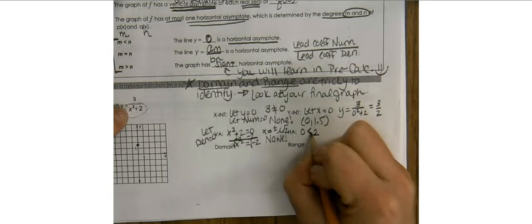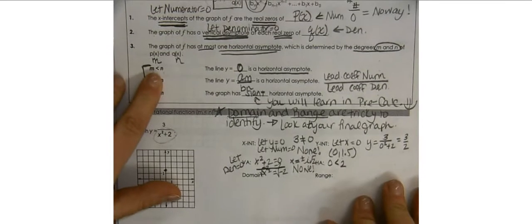So what that means is that since our degree of the numerator is less than the degree of the denominator, that means that our horizontal asymptote will be located at y equals 0. So I'm going to go to where y equals 0 is, and I'm going to draw a dashed line with arrows at each end, and then I'm going to take out my highlighter and highlight over it so that it is obvious, bold, and clear.